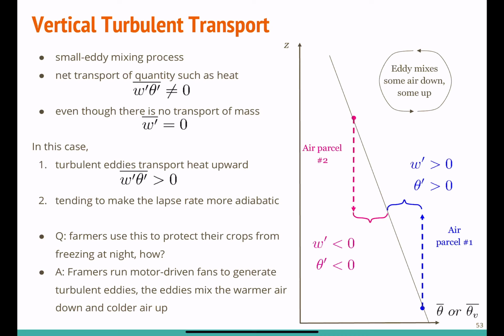Basically, they are driving some eddies, and the eddies bring the cold air up and the warmer air from above down, because the surface is cooling much faster due to radiative cooling, and the farmers make use of this vertical turbulent transport to keep their crops warm.